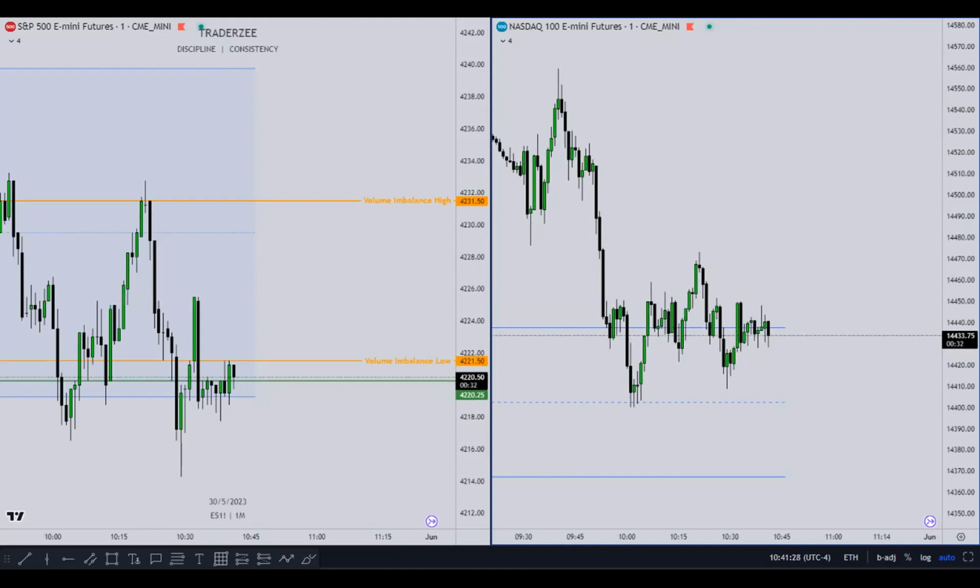ES went even below the current new week opening gap's low. What we're watching in the dollar is if it wants to run for sell side, which in my opinion it does. So we're observing price.